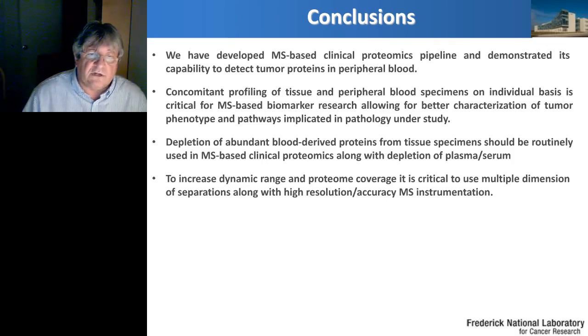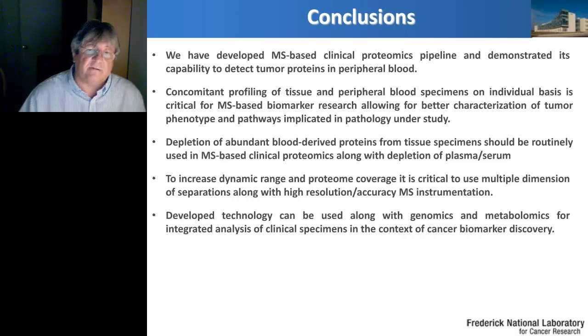And to increase dynamic range and protein coverage, it is important to use multiple dimensions of separation using shotgun proteomics with high resolution and high mass measurement accuracy. Without state-of-the-art mass spec instrumentation, it will be very difficult to look into complex human clinical specimens.